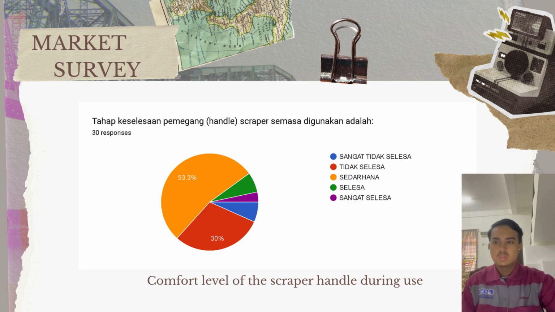A smaller proportion indicate positive comfort level, with 10% stating that the handle was comfortable and 3.3% rating it as very comfortable. Additionally, 3.3% of respondents report that the handle was very uncomfortable. Overall, the results suggest that while most users perceive the handle comfort as average, a notable portion experience discomfort during use.